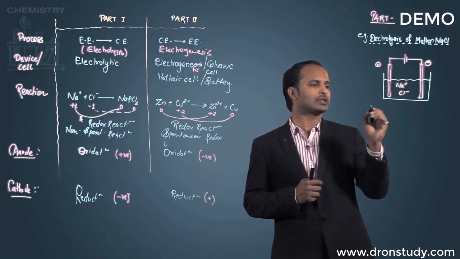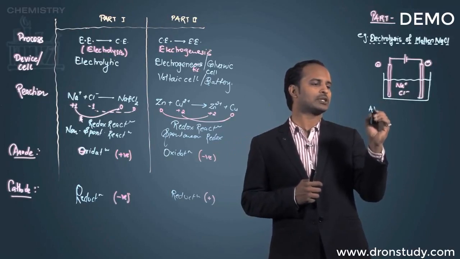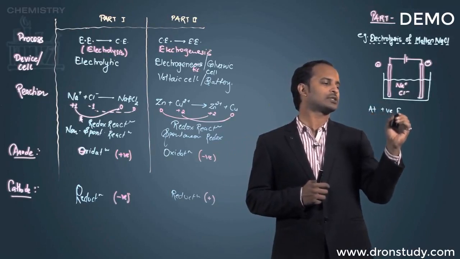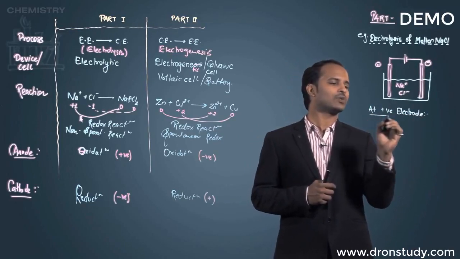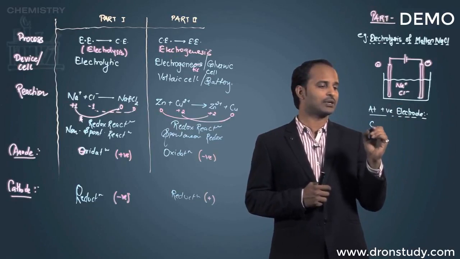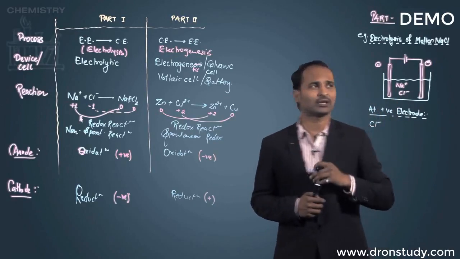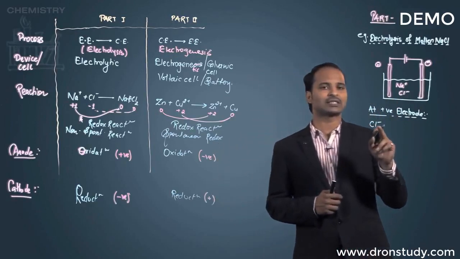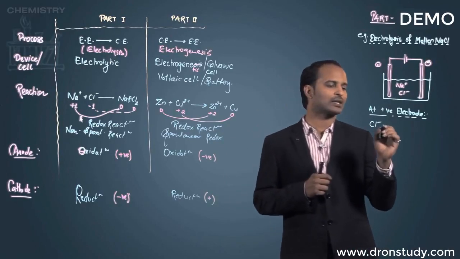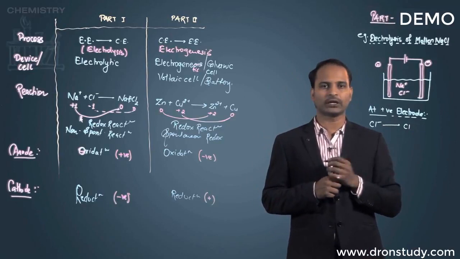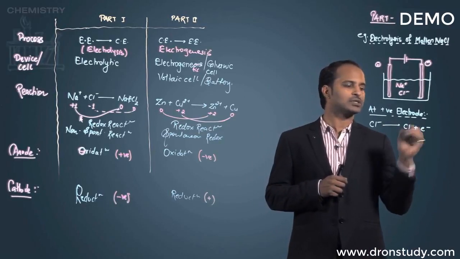Before starting the reaction, let's see what is happening at the positive electrode. The negative ions like Cl- will get attracted to the positive electrode. Cl-, since that negative charge represents an extra electron, will lose that extra electron and get converted into chlorine, and one electron is lost.